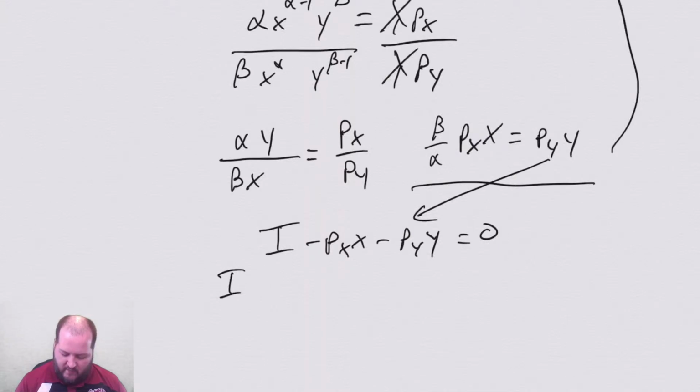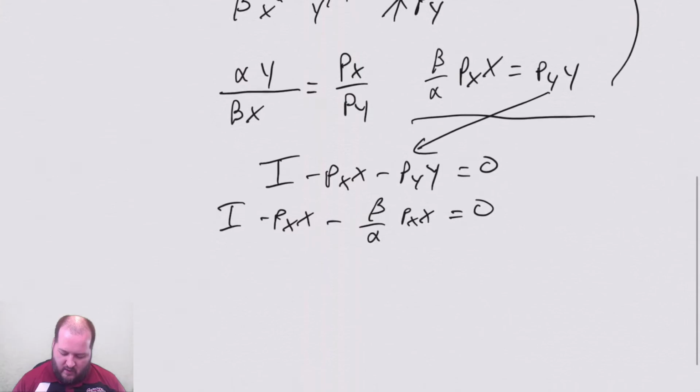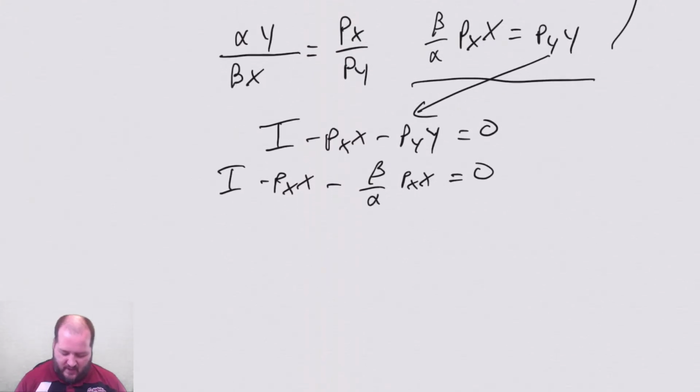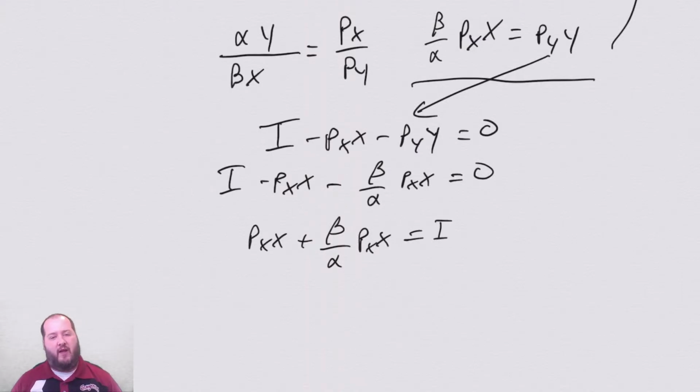So we get I minus PXX minus beta over alpha PXX equals 0. Okay, left-hand side, I have PXX plus beta over alpha PXX, and that equals I. So right-hand side, everything without an X. Let's factor out a PXX out of the left-hand side.